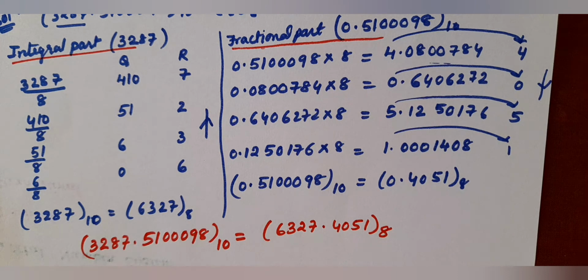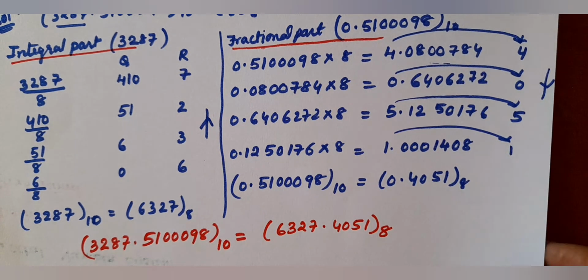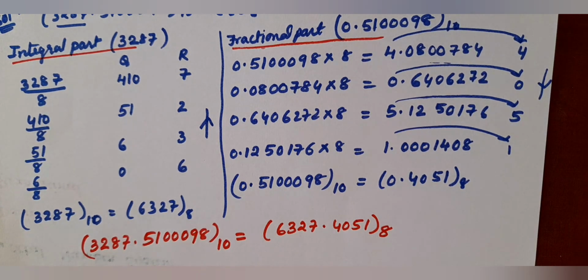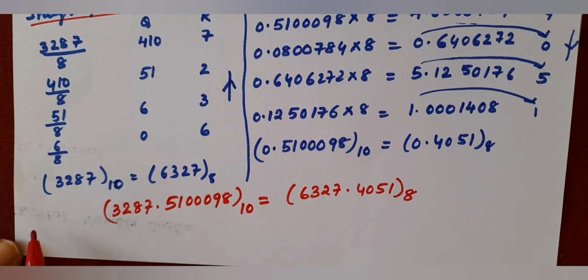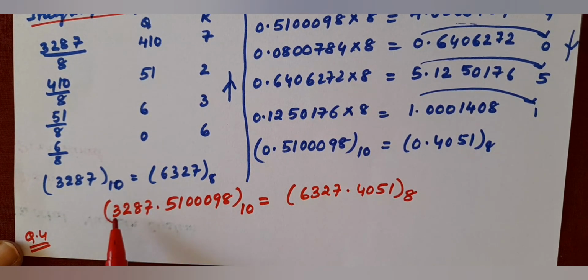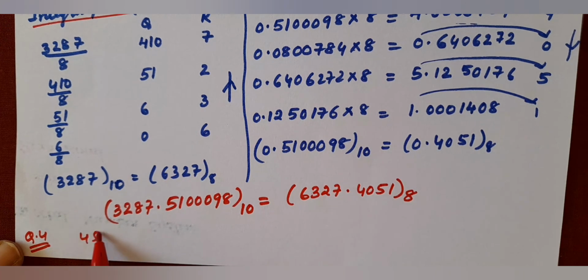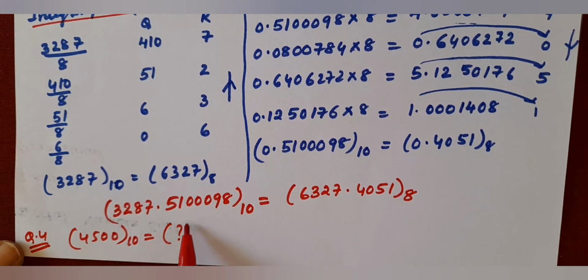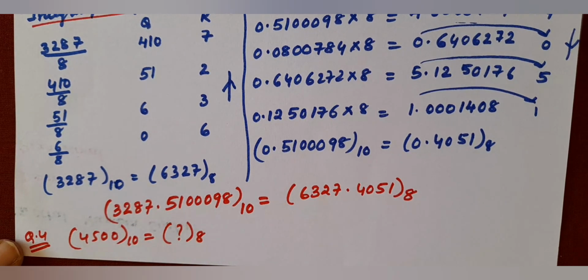Okay, this is how we do the conversion. I hope it is clear. You can solve it. The next question, do this one as practice. Convert 4500 decimal to octal.